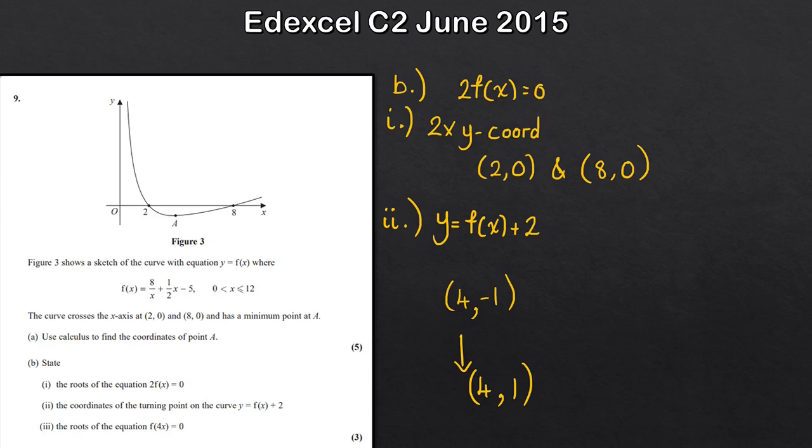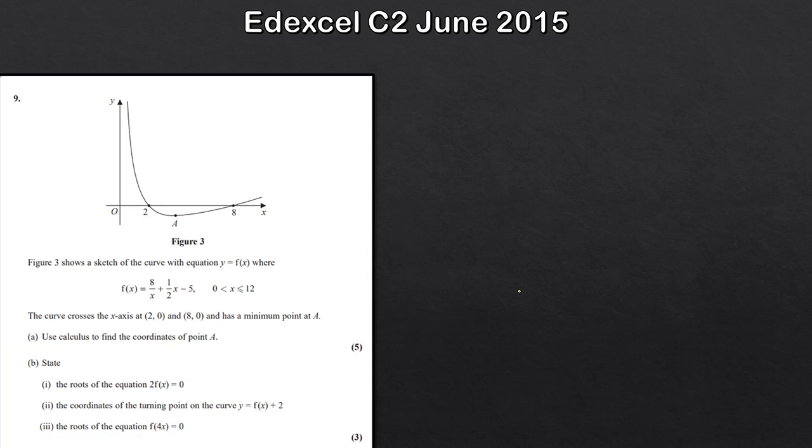That gives us the coordinates of the turning point on the curve y equals f of x plus 2. And then finally, we get the roots of the equation f of 4x equals 0. This is part 3. This time it is affecting the x coordinates because it's 4x. When a constant is multiplying the x, we divide the x coordinates by that constant. So here we divide x coordinates by 4.